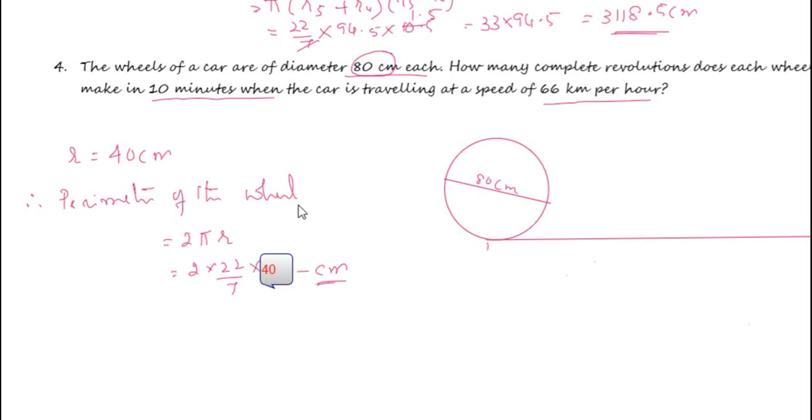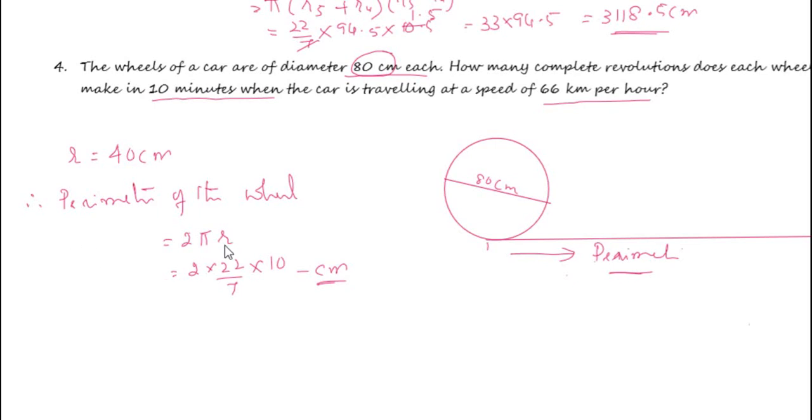This is the perimeter of the wheel. When the wheel rotates once, that is per revolution, it travels a distance equal to the perimeter. Per revolution, distance traveled by the wheel is equal to its perimeter.